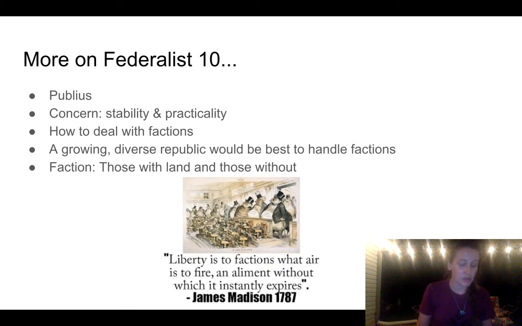The biggest concern of factions in his writing stemmed from examples such as religious factions, which were really all different forms of Christianity at the time, but mostly over factions between those who owned property and those who didn't. So we're not talking about like race or gender or sexuality or any of those things really at the time.